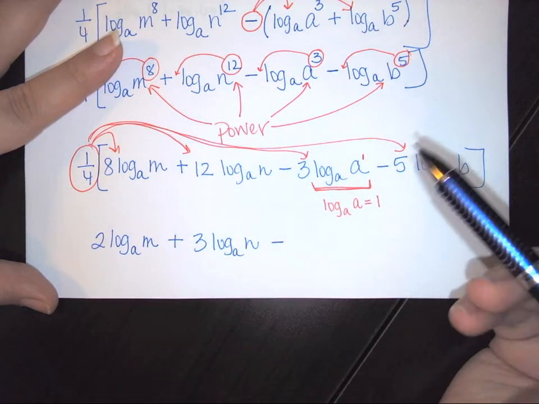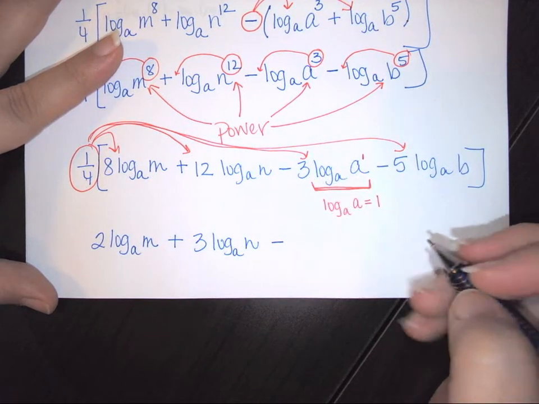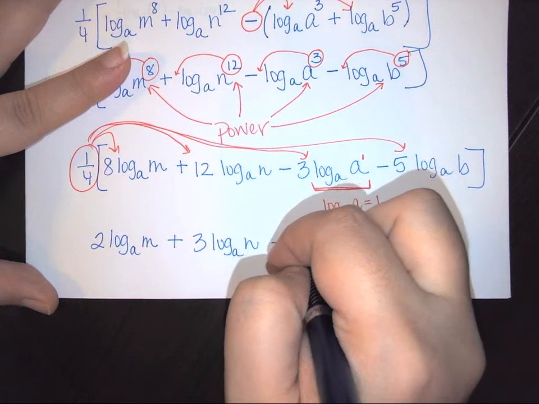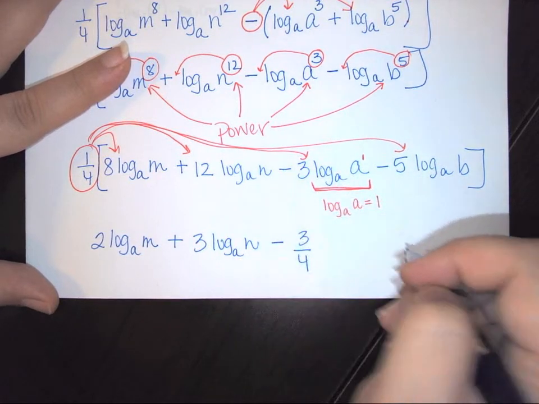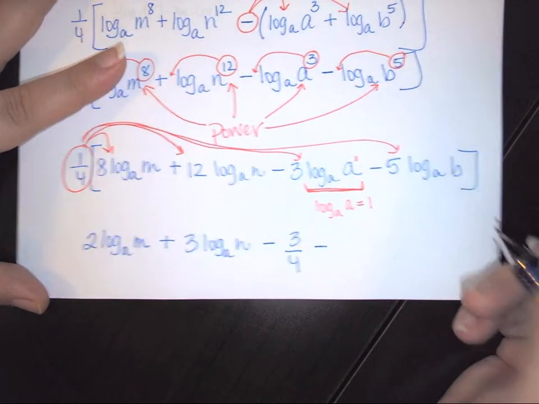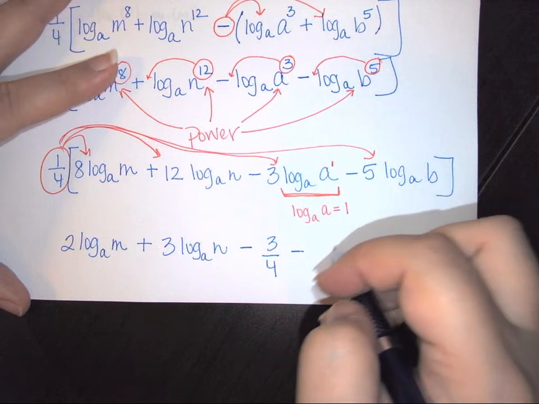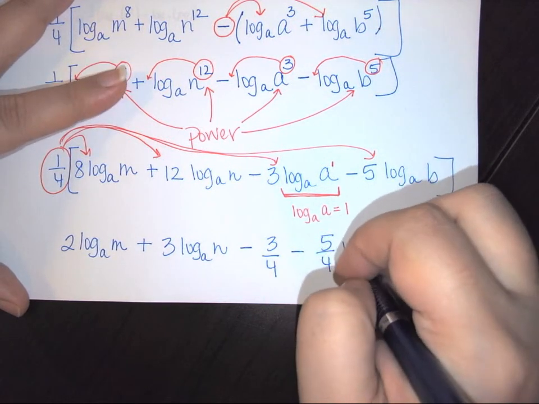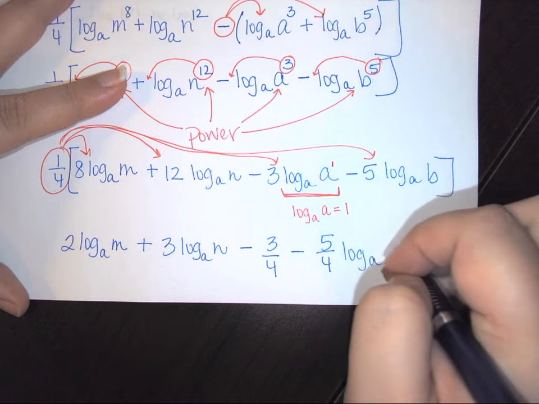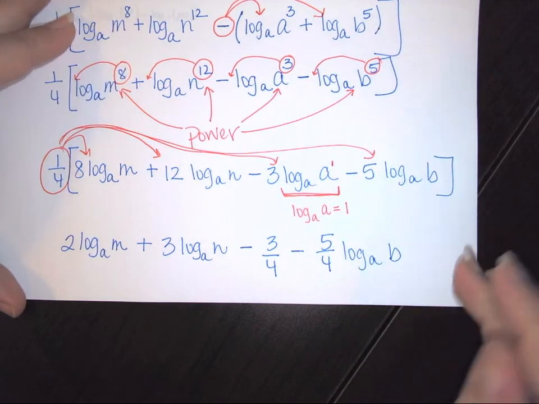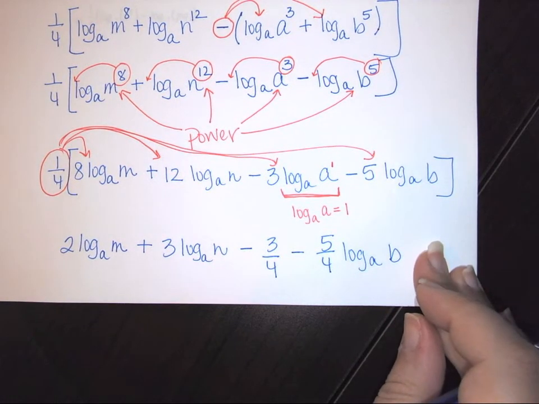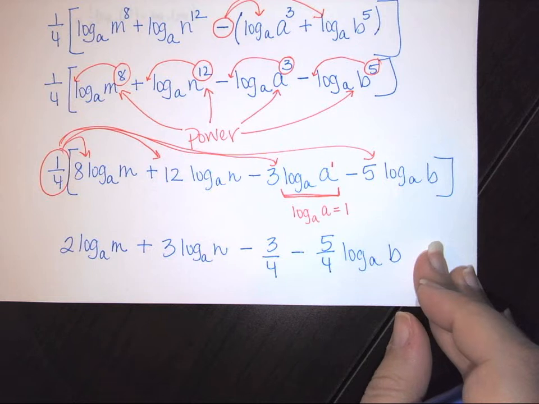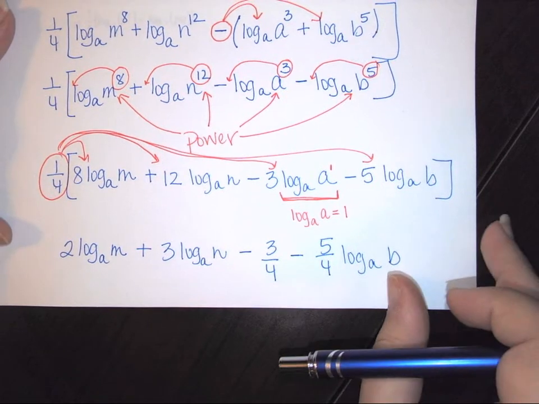Then I have to subtract. 3 times 1/4 is going to leave me with just 3/4. And then I need to subtract. 5 times 1/4 is going to leave me with 5 over 4 log base a of b. And that is the most expanded form that we have for this example.